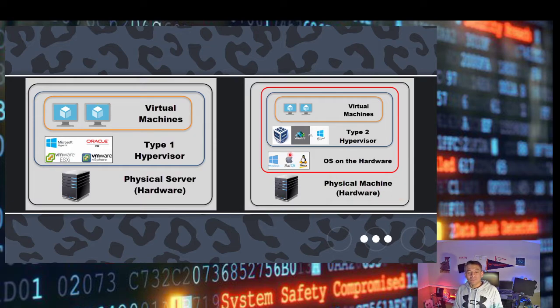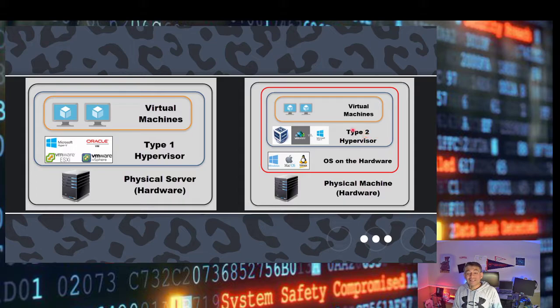And then on top of that operating system, let's say Windows 10, to use as an example, you will be installing the software that is the type 2 hypervisor in the form of Oracle VirtualBox, being one of the examples, VMware Player being another example, or Microsoft Hyper-V Desktop Edition that will be installed as the type 2 hypervisor.